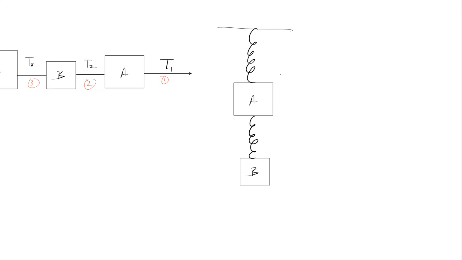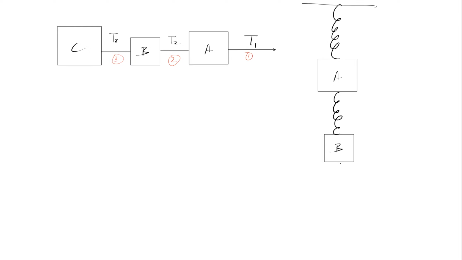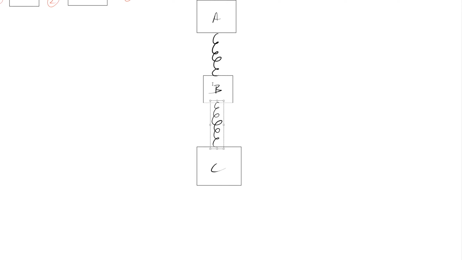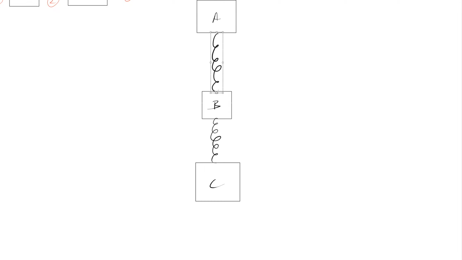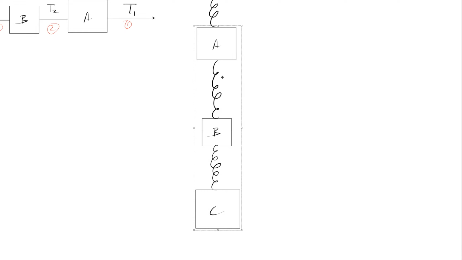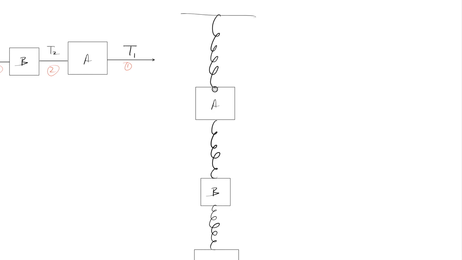Therefore, I think it's fairly reasonable to follow that the second spring doesn't have as much of a load as the first one. If we add a third mass with another spring, clearly the spring would stretch, but in addition, now that B has C attached to it, the second spring is going to stretch even more. And then the first spring is going to be stretched even further.